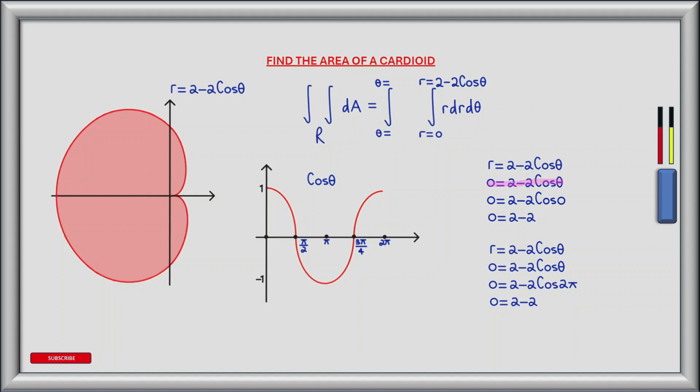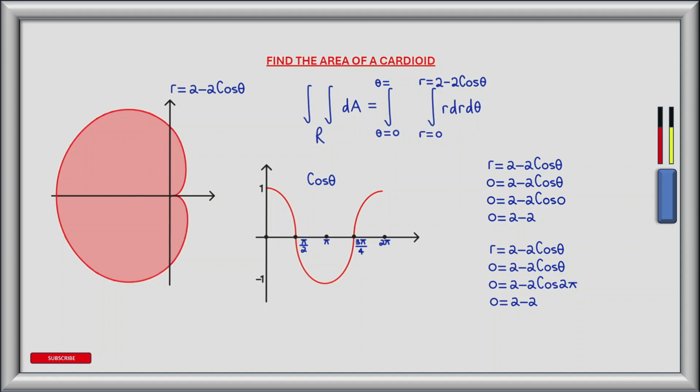So for this equation to be satisfied, the cosine of theta when multiplied by minus 2 should be equal to minus 2. Therefore, the cosine of theta must be equal to 1. As we can see from our cosine graph, the first instance where cosine of theta is equal to 1 is where theta equals 0, and the equation is satisfied. Theta equals 0 therefore becomes the lower limit of our outer integral.